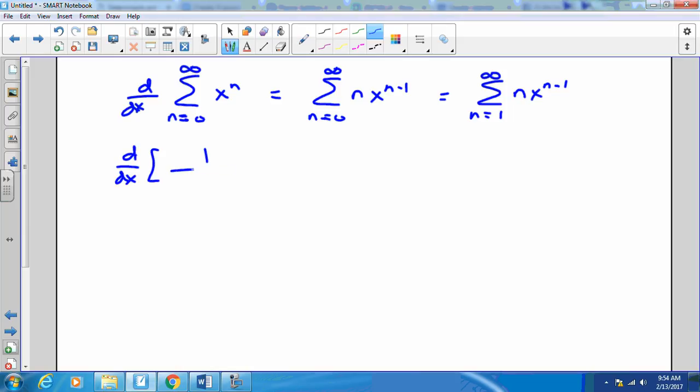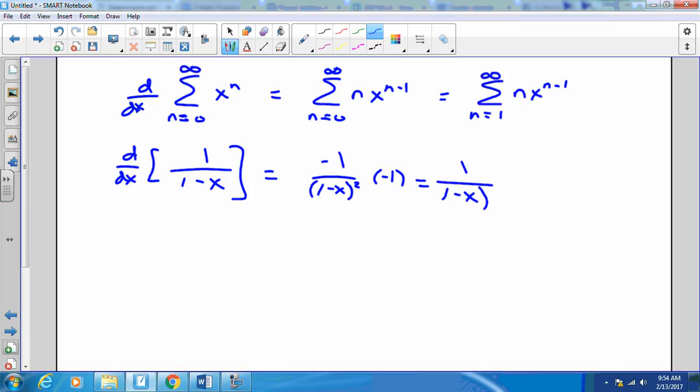But also, if we take a look at our result here, this is the derivative of 1 over 1 minus x. And we get negative 1 over 1 minus x quantity squared times the derivative of the inside. And what we get now is a power series representation.